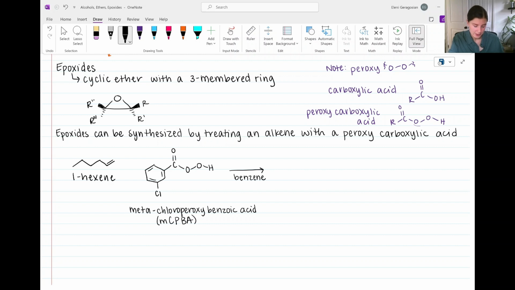But as this reaction is carried through, we now have where the double bond was in 1-hexene is now an epoxide group, so that 3-membered ring with the oxygen, that ether.